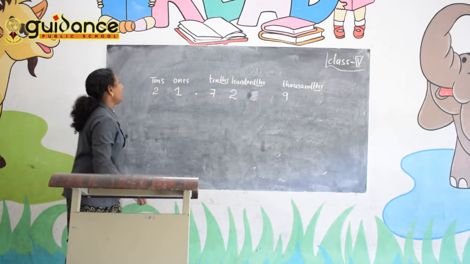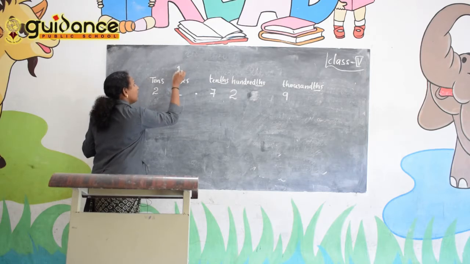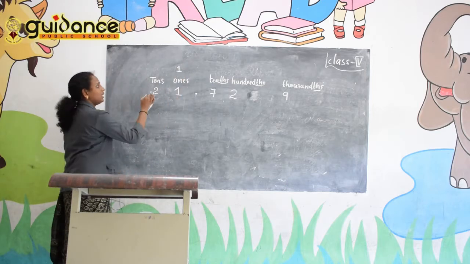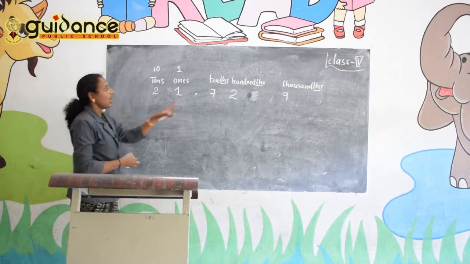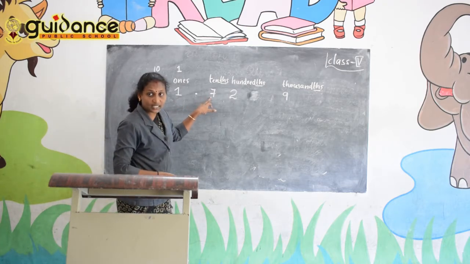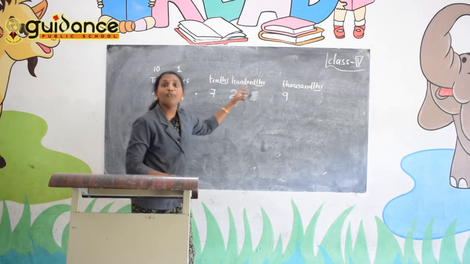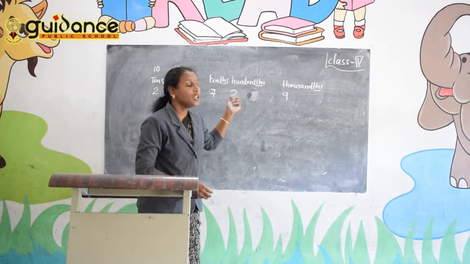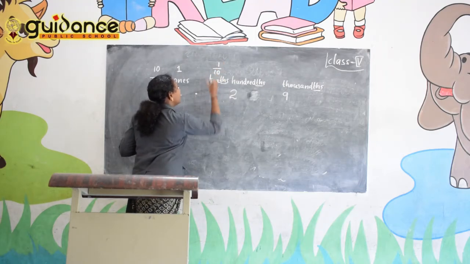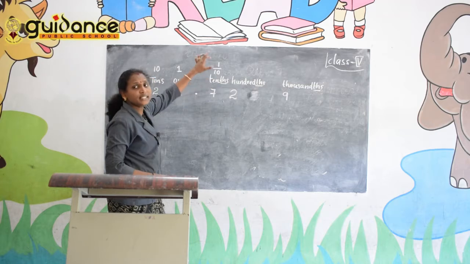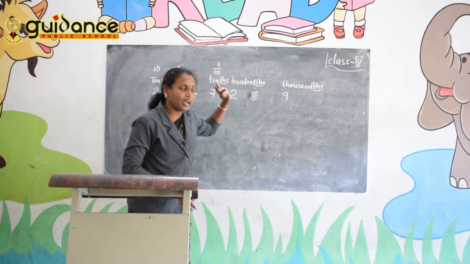Another way we will write it: ones is 1 and tens we will represent as 10. Tenths, I already taught, 7 to 9 is the fractional part. So tenths we will represent as 1 by 10.